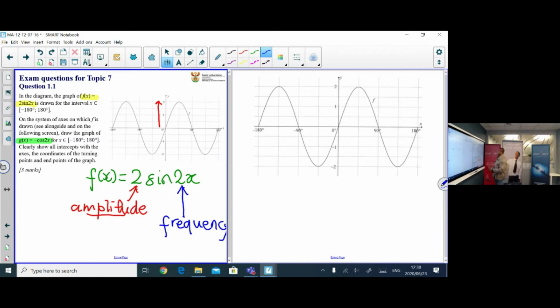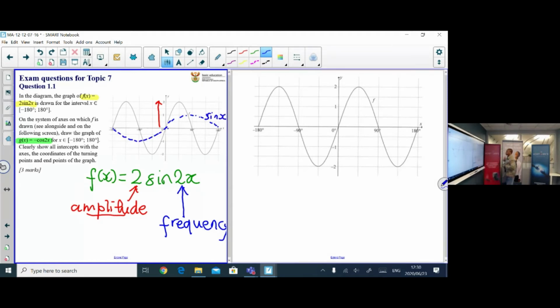In essence, the original graph of sine is supposed to be crossing like this, so that would have been sine x.